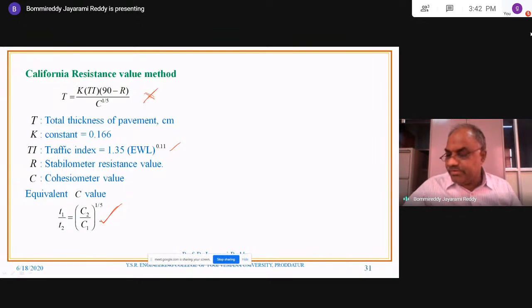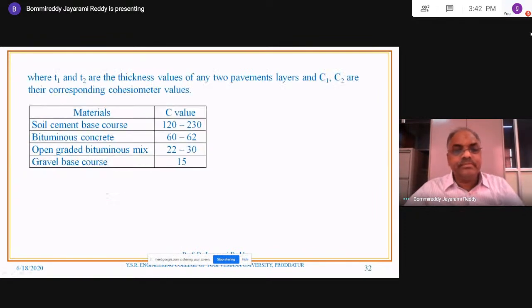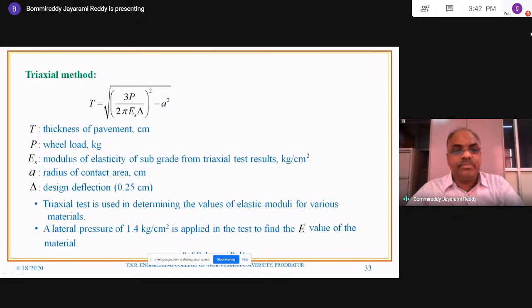At the most this is important: T1 by T2 equals (C2 by C1) whole power 1 by 5. That means in the formula T is inversely proportional to C power 1 by 5. At the most it may be a question in the exam, and the rest is not required. It is just to give you some idea.